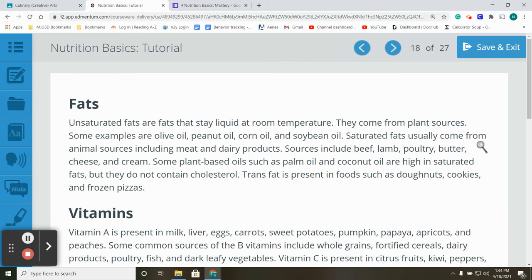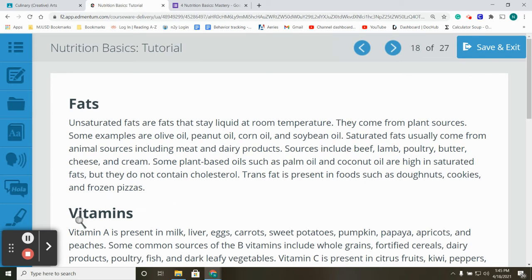Saturated fats usually come from animal sources, including meat and dairy products. Sources include beef, lamb, poultry, butter, cheese, and cream. Some plant based oils, such as palm oil and coconut oil, are high in saturated fats, but they do not contain cholesterol. Trans fat is present in foods such as donuts, cookies, and frozen pizzas.